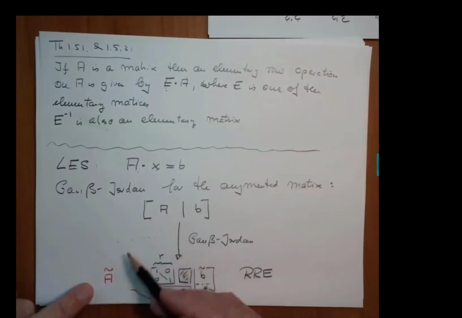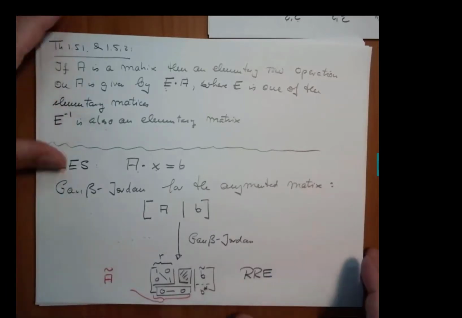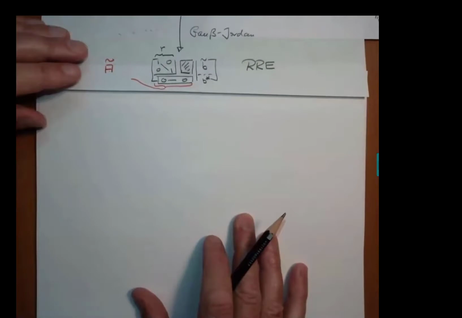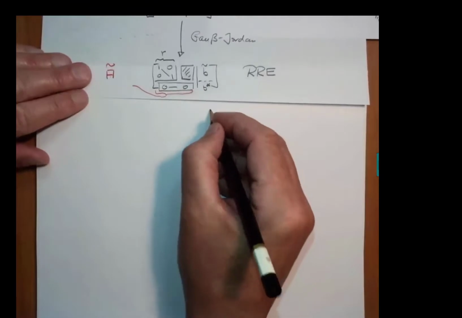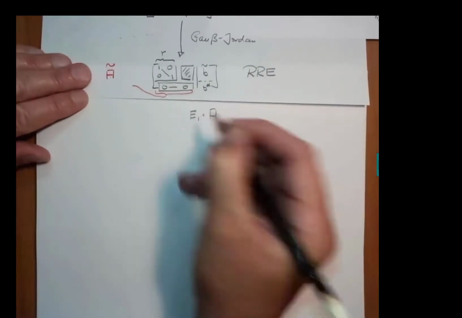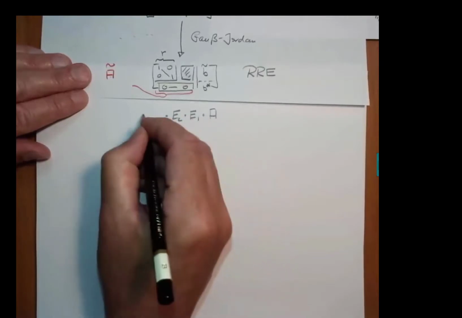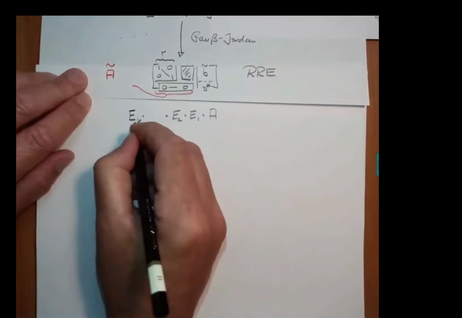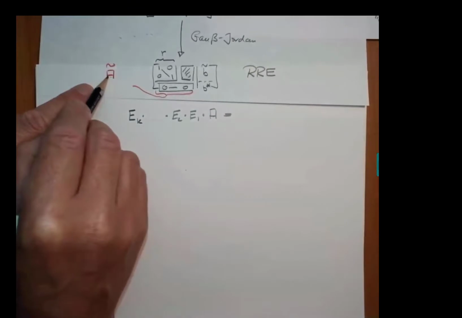So from A to A tilde, I come by doing a number of steps of elementary row operations. So, okay, I move this up here. So for a moment, we still see this. So I start with the matrix A. I start multiplying with the first elementary row operation, then with the second one, and I don't really know how many there are. I use the number k. K can be a really giant number. It is often a very giant number. And at the end, we come out at A tilde.